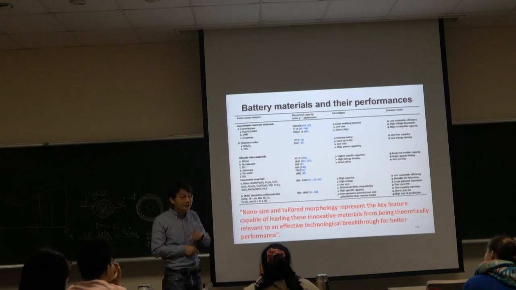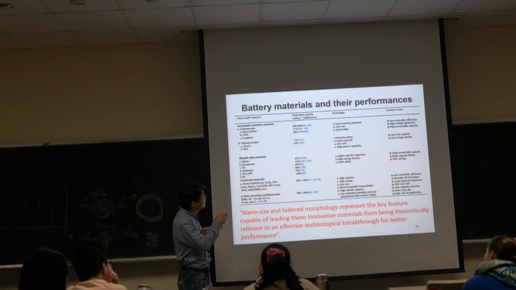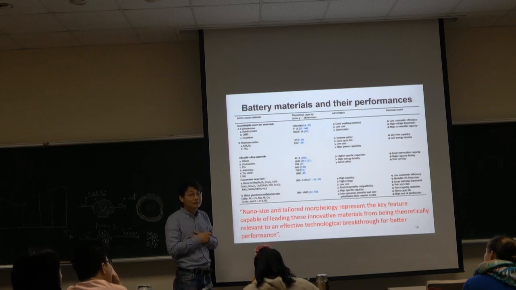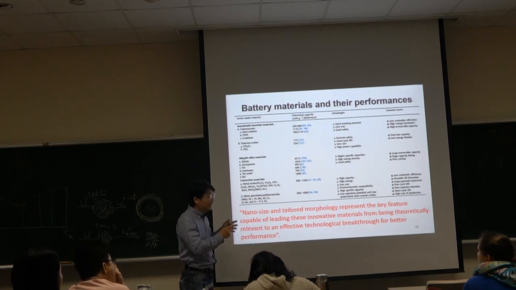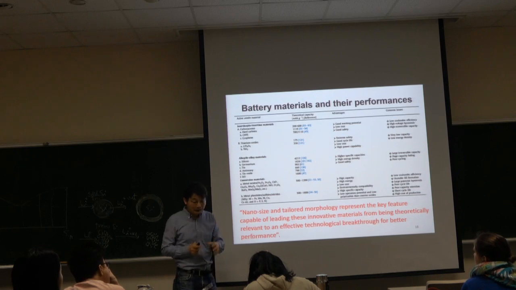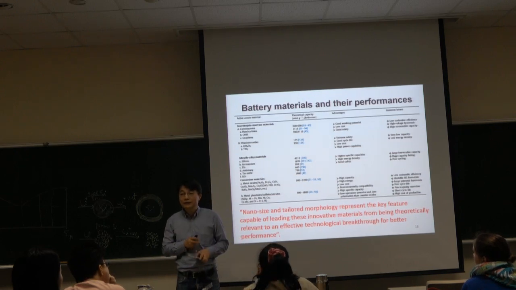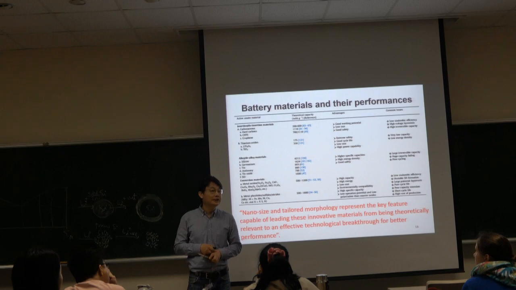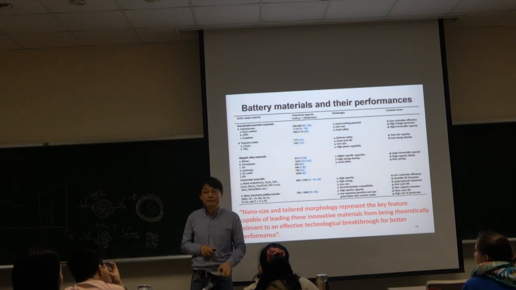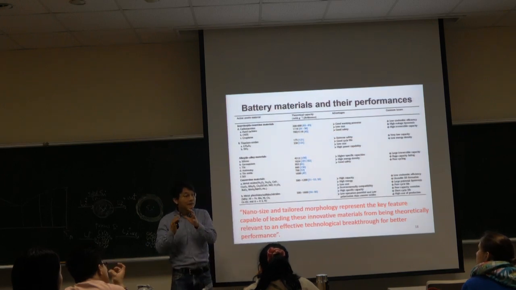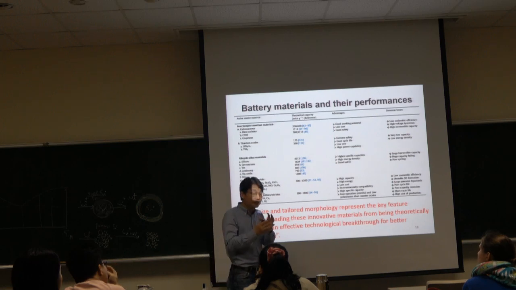So it's at least one order higher than carbon. Quite high. That's why the commercial lithium-ion battery still uses silicon. And of course they have some technology to do that.